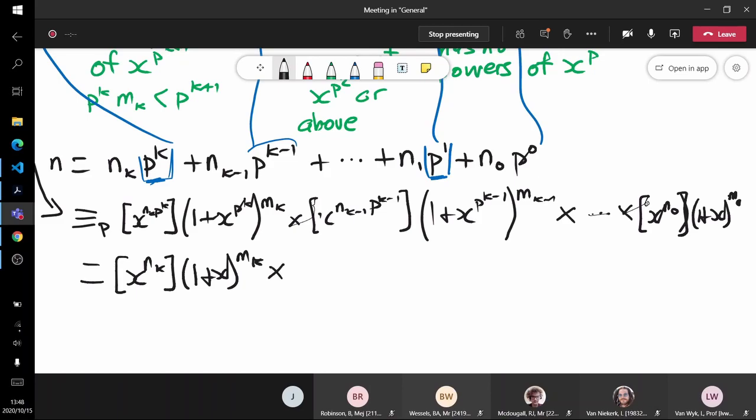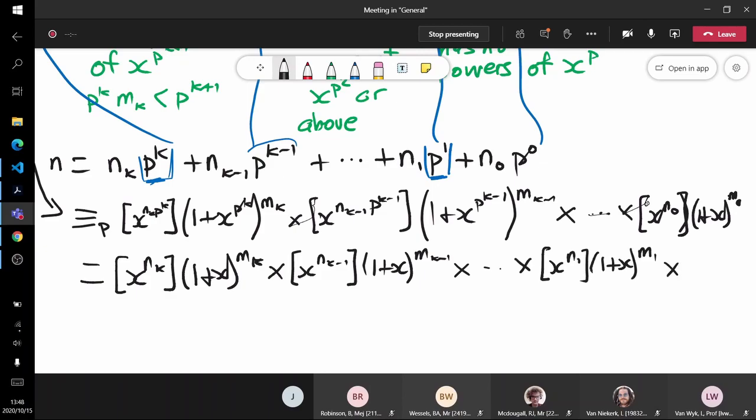And similarly the next one is just the coefficient of x to the n_(k-1) in (1 plus x) to the m_(k-1), multiplied, and so on, till we get to the coefficient of x to the n_1 in (1 plus x) to the m_1, and the last term is the same as there. Just not going to rewrite it.